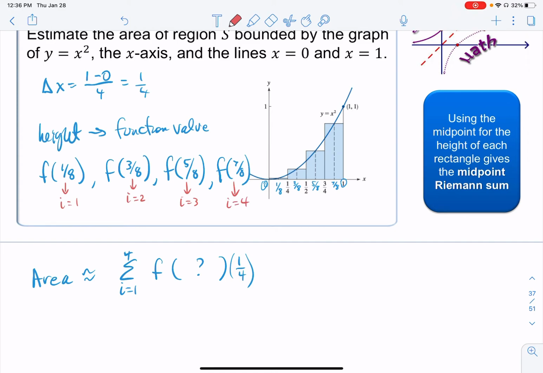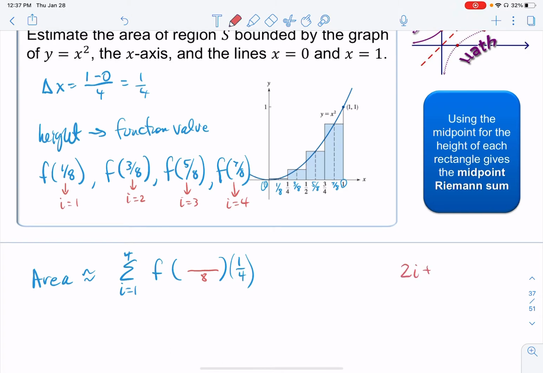Well, we can see that we have 8 on the bottom of each one of those, so at least let me put that in here, divided by 8. Now take a look at all of the numerators here. It's 1, 3, 5, 7. What would be the next one? 9. And the next one, 11. Those are all odd numbers. And odd numbers are defined as either 2i plus 1 or 2i minus 1.